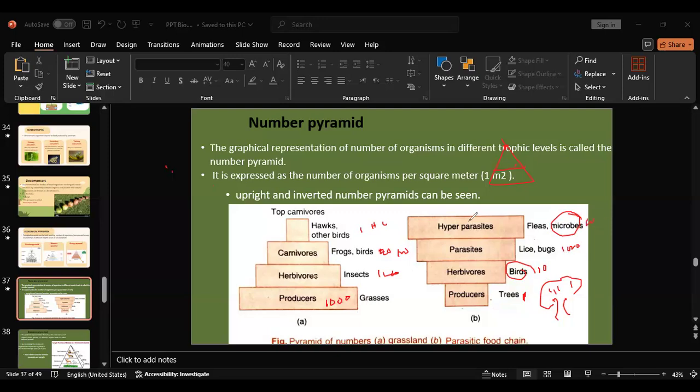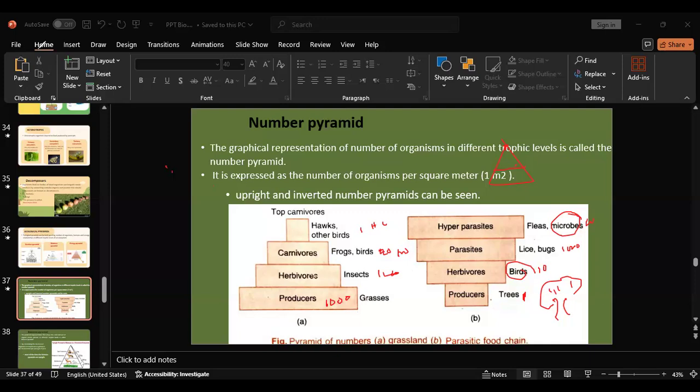In that case, it will be inverted. So the number pyramid sometimes will be upright, sometimes it can be inverted. Two types we can see.